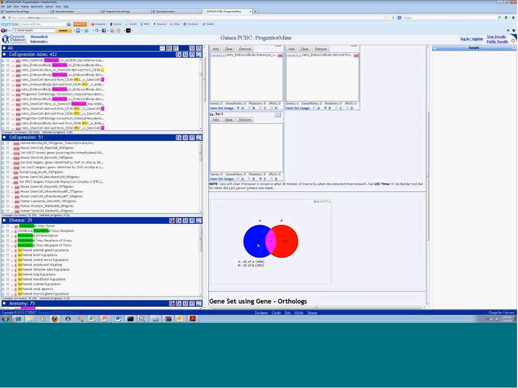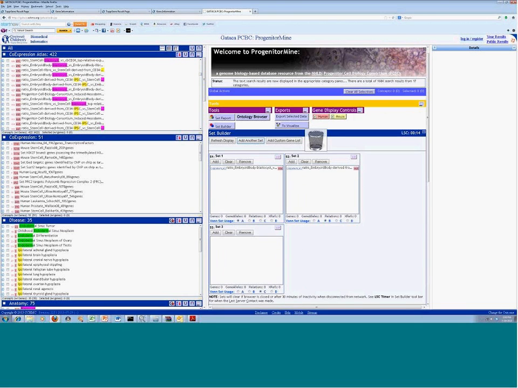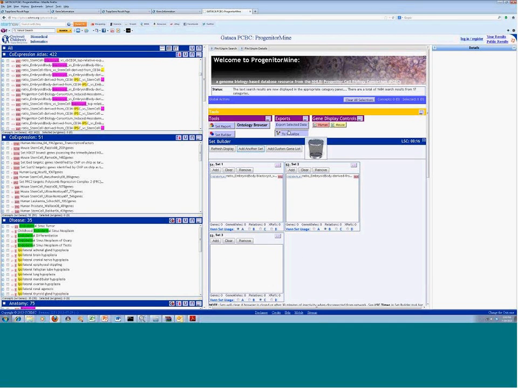And so you can start to set these things up in Venn diagrams, and then it has multiple gene signatures at once.